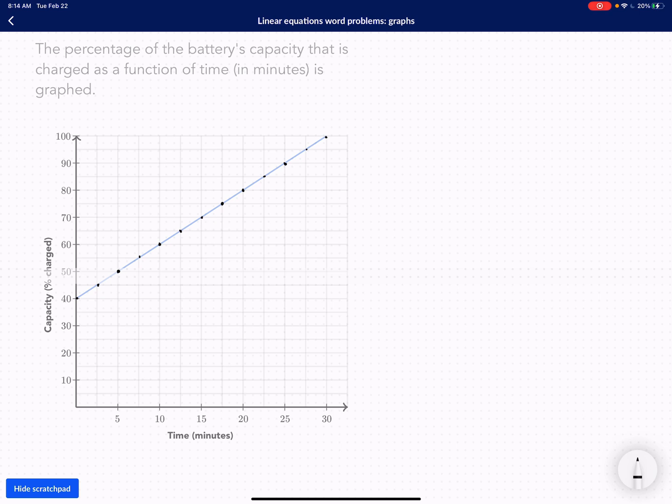But to make things easier, let's just choose this last one. I don't have to, but I can. So in 30 minutes, 100% is charged. And in the beginning, at 0 minutes, it had 40% charged. How do we find the change that went from 40 to 100?